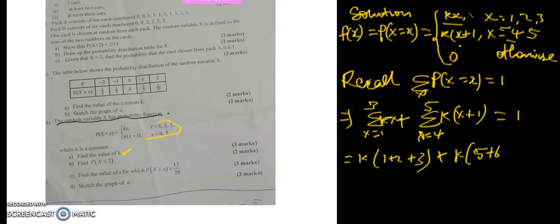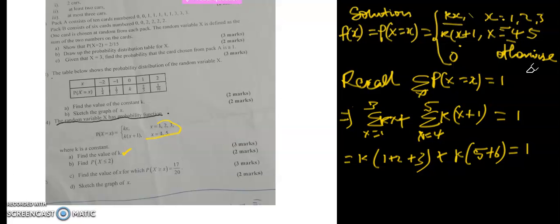Remember, here we have x plus 1, so 5 plus 6, and all these must be equal to 1, because remember, we have 4 and 5. 4 means x takes the form x plus 1, which will give us 5.